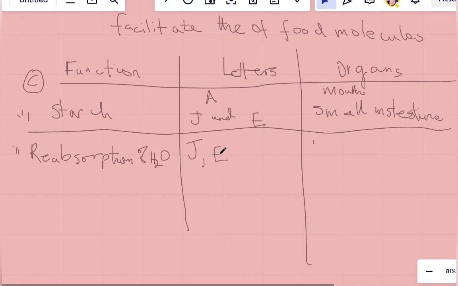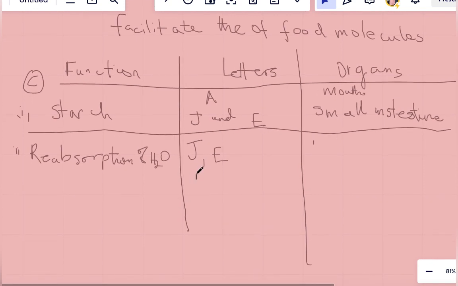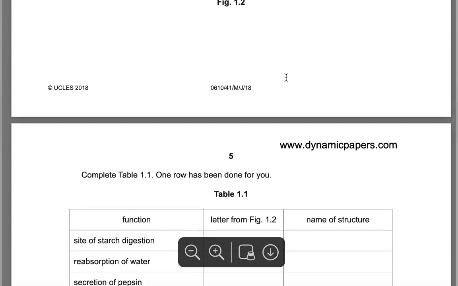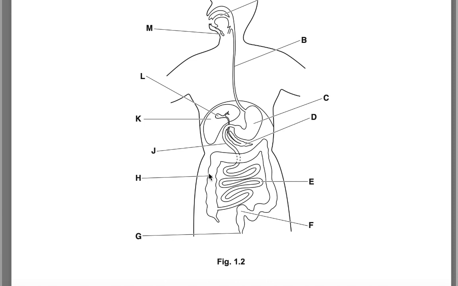It also happens in... wait, let's see the diagram again. It also happens in the large intestine. H is the large intestine, E is the small intestine.